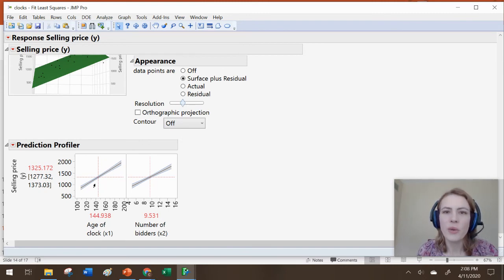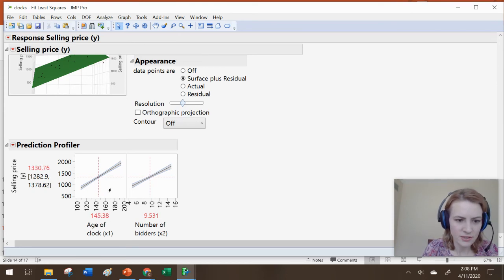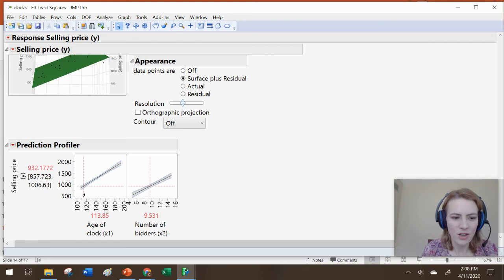Here we can adjust each variable one at a time. Say we want to adjust the age of the clock. We can either go to the graph above the age and slide that line back and forth, or we can click on the red text and replace it with an age of our choosing.